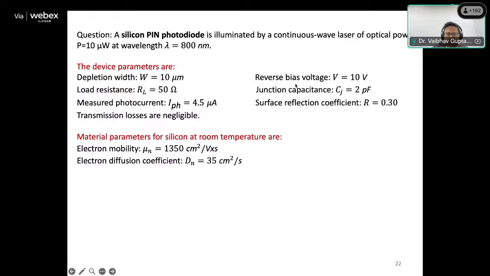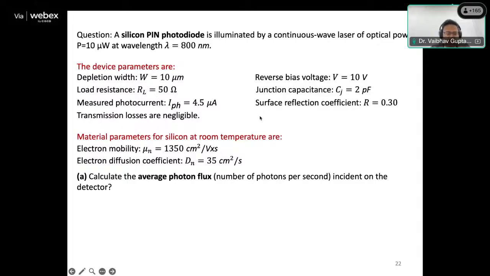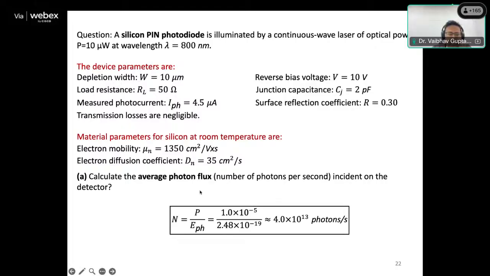So if everything is present here, all the parameters are given to you, and if somebody asks the very first question, okay, what is the photon flux? How many photons are coming per second and incident on the detector? In order to solve this, since we know P equals N times h nu, or the energy of the photon, and N is the total number of photons coming per second.